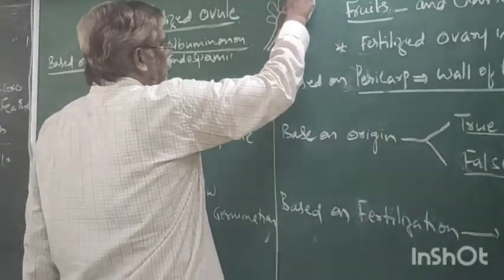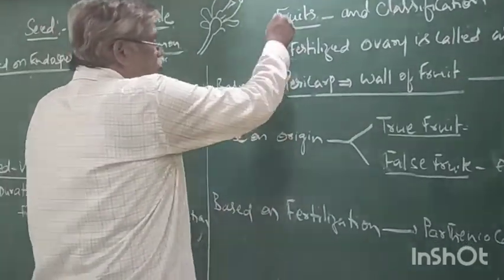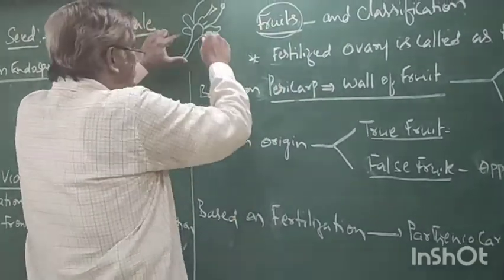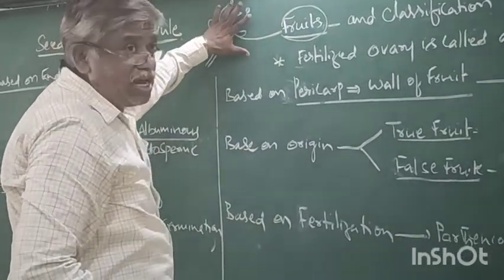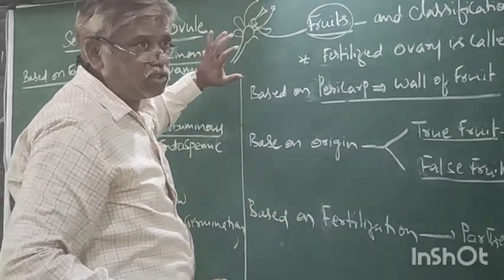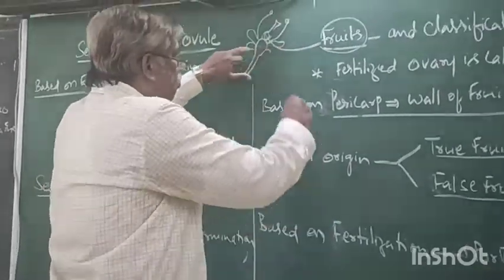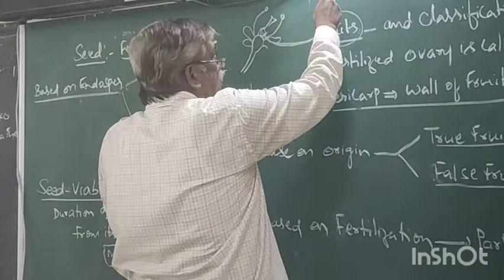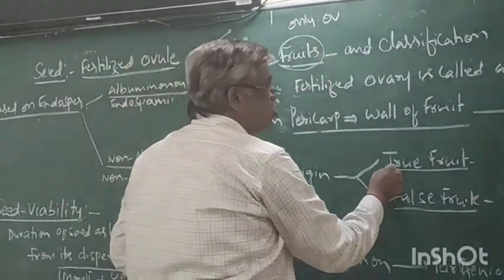See, after fertilization, if the fruit originates from only the ovary, other than any floral parts, what is it? A true fruit. If the fruit is formed by only the ovary, such a fruit is called a true fruit.